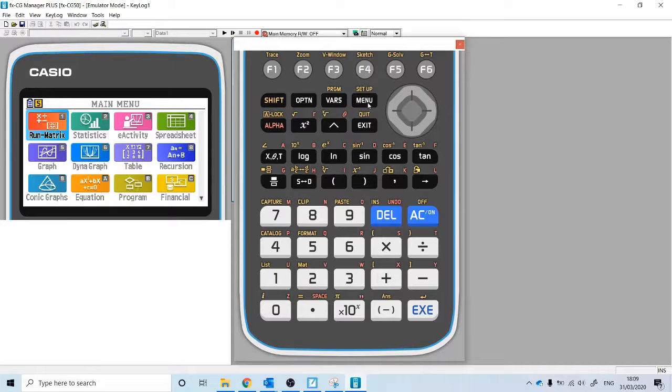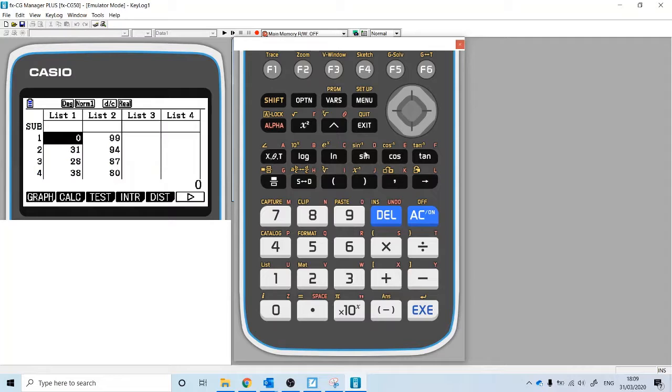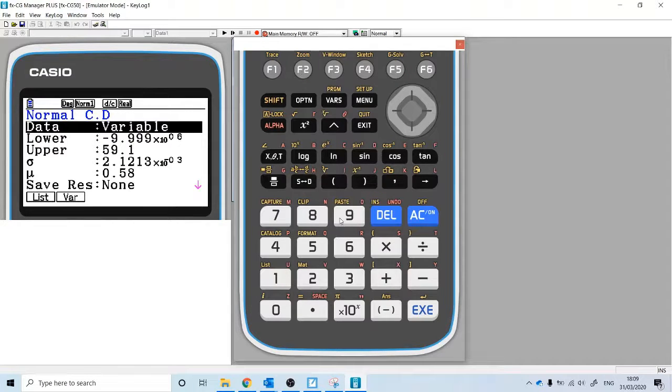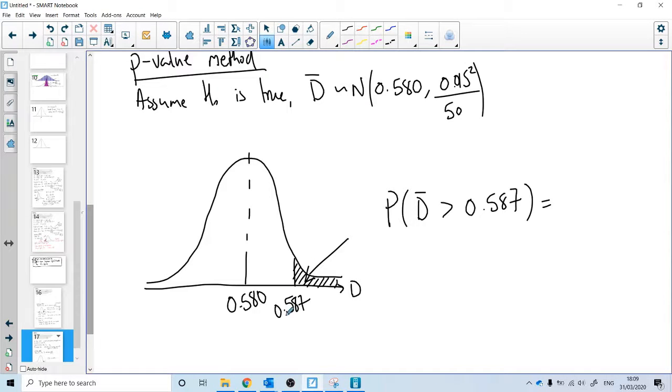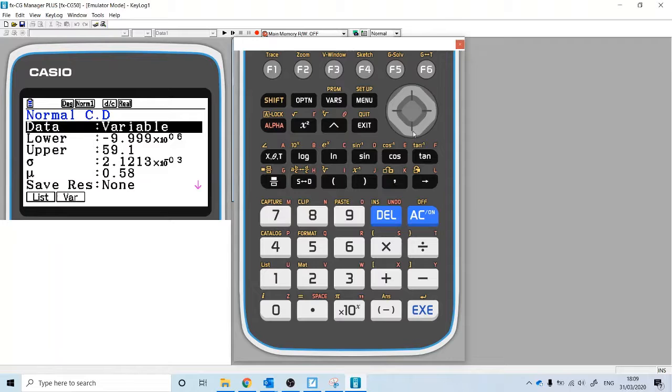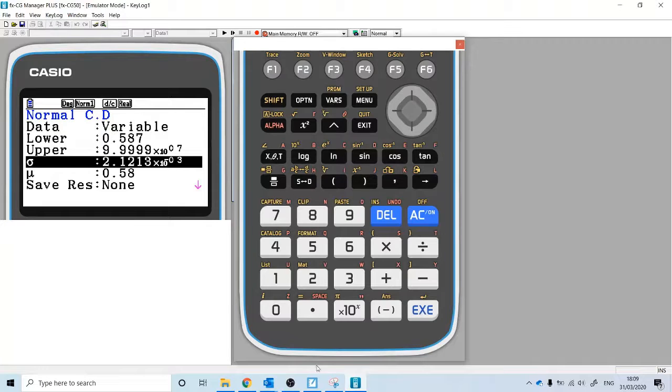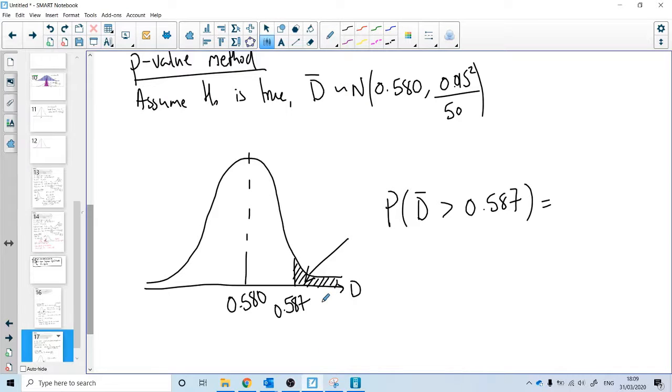0.587. We're going to go to statistics mode, normal distribution, and CD because we want the area, and we want to find the area to the right of 0.587. So we're going to put our lower as 0.587 and our upper as a really big number, infinity. And remember, this is the variance, this value here.